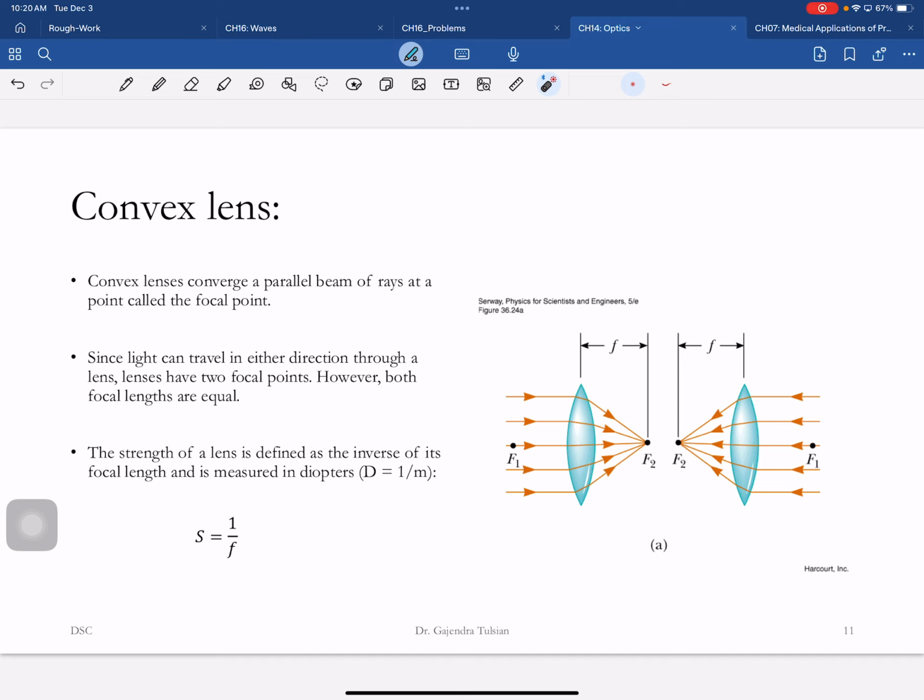So, for instance, your cornea and your lens together form a lens, and the cornea shape doesn't change, but the lens in your eye can change its focal length. So when you're looking at far off objects, the combined strength is 50 diopters.